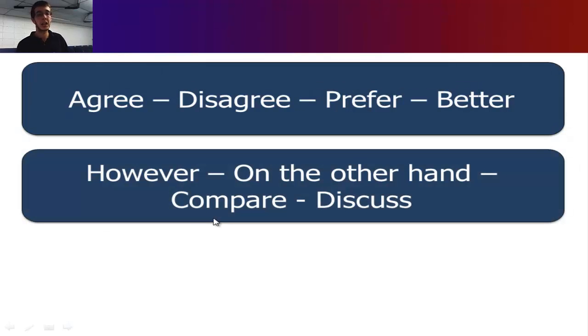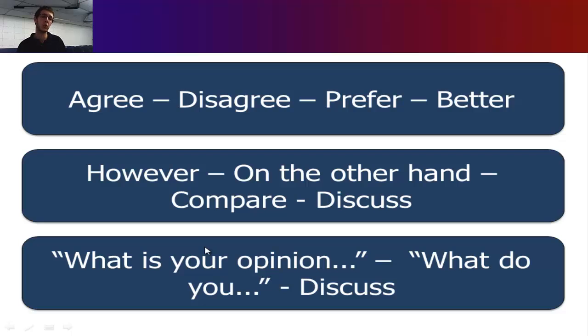The words however, on the other hand, compare or discuss will most likely be present in the comparison essay. And what's your opinion, what do you think, or discuss will most likely be present in the explanatory essay.